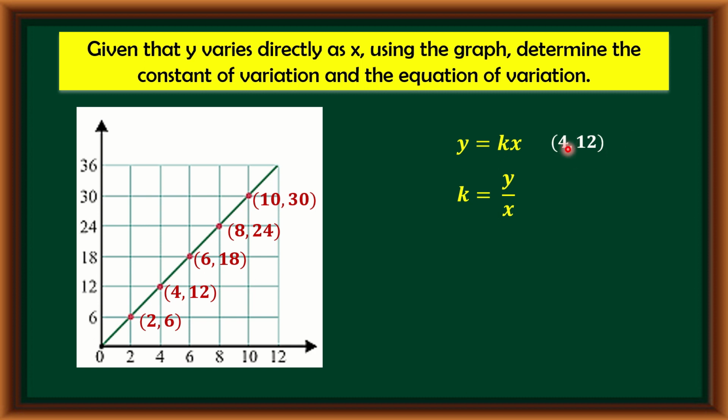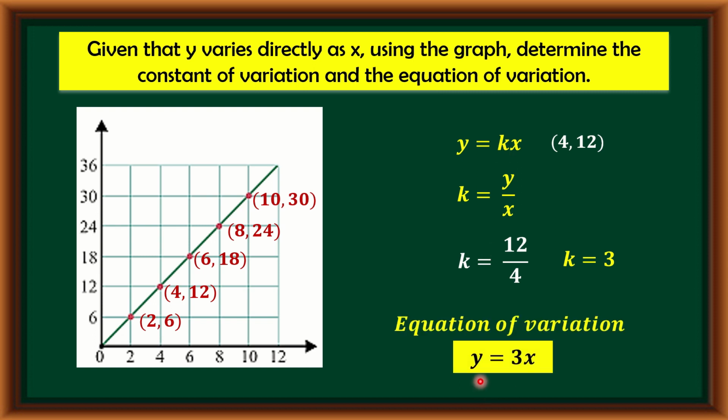So I will substitute 4 to our x and 12 to our y. Therefore, the constant will be 12 over 4, and 12 divided by 4 will be equal to, yes, 3. Therefore, the constant of variation is equal to positive 3. As for the equation of variation, just substitute k here to our equation. So, we have y is equal to 3x.